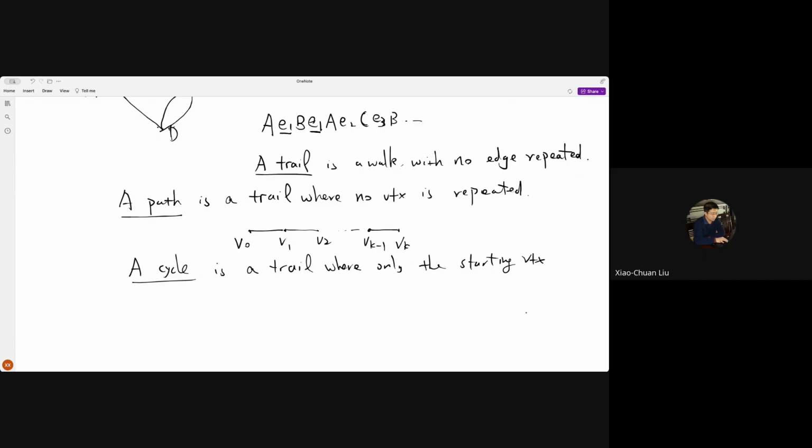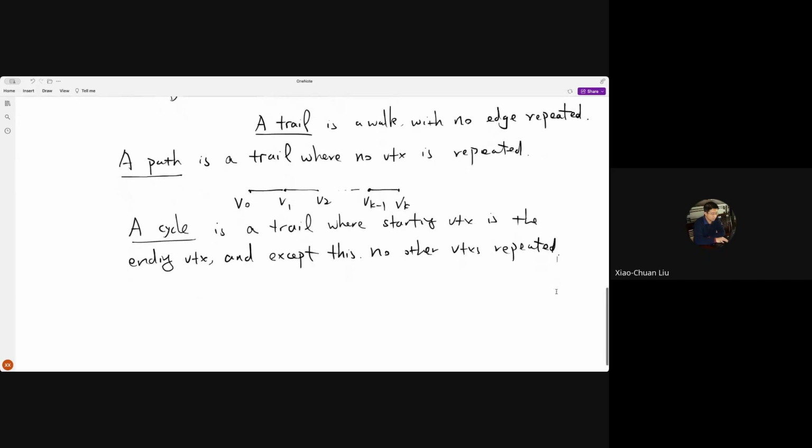So that's a trail where the starting vertex is the same as the ending vertex, and except for this, no other vertices are repeated.